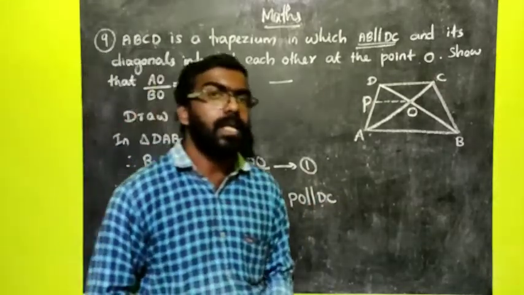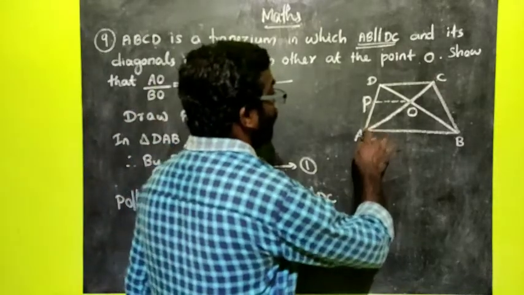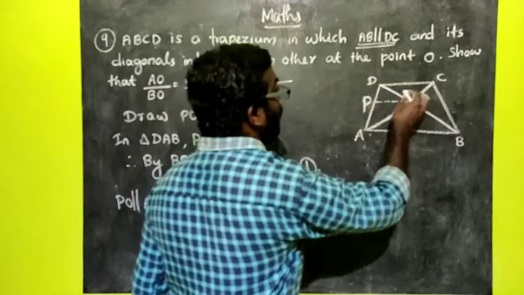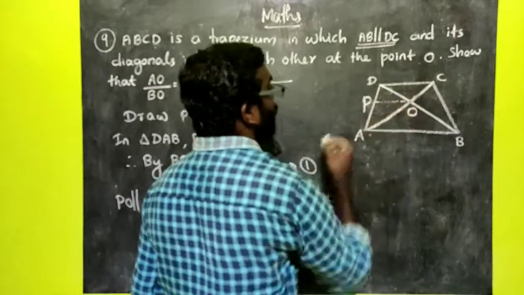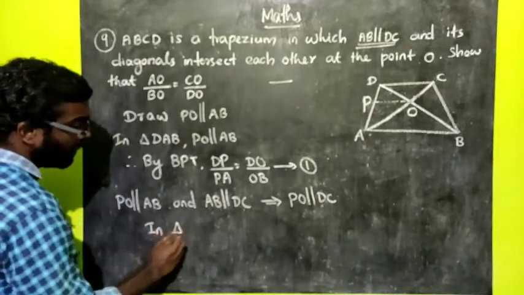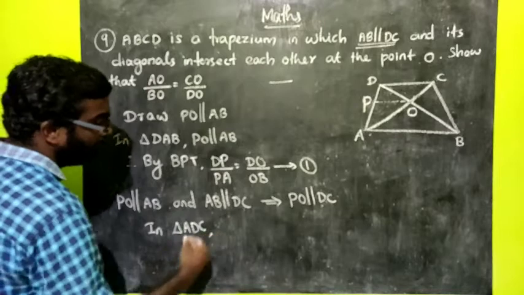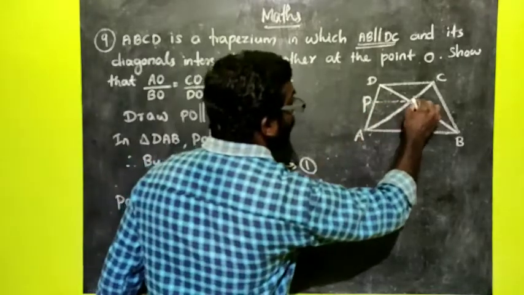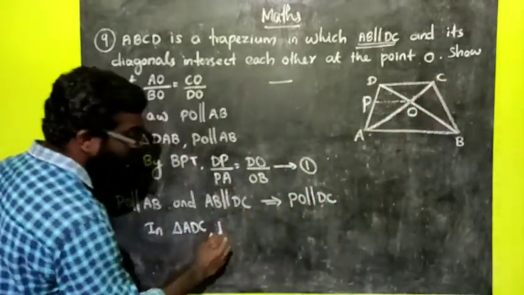Now we can take the triangle ADC. So in triangle ADC, PO is parallel to DC.